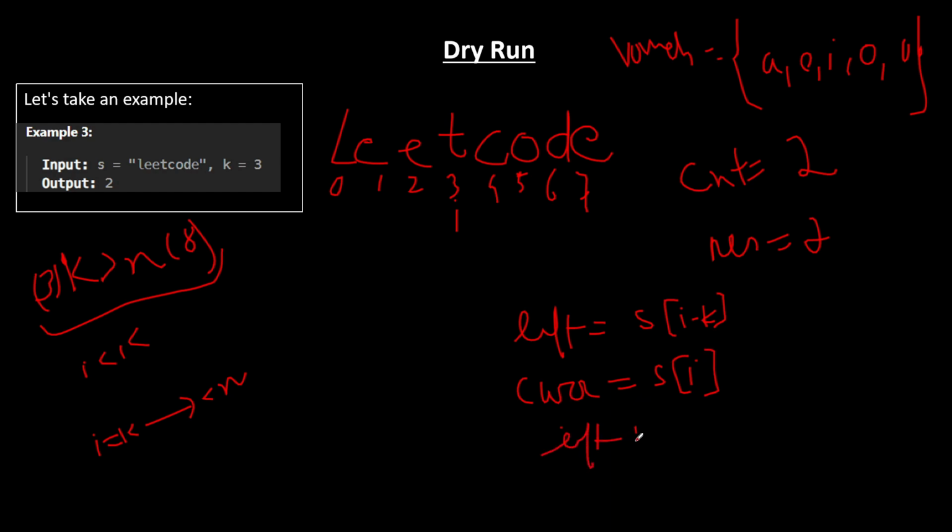If left is in vowels, we decrement the count because we will be throwing that out of the window. And if the current character is in vowels, we increment the count, count plus plus.